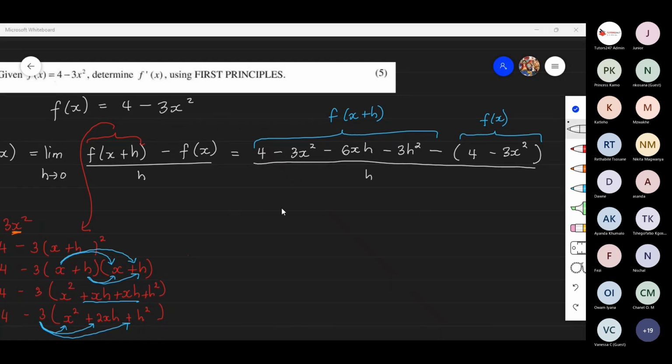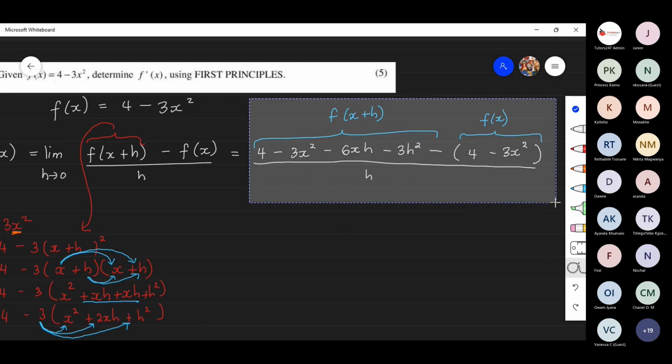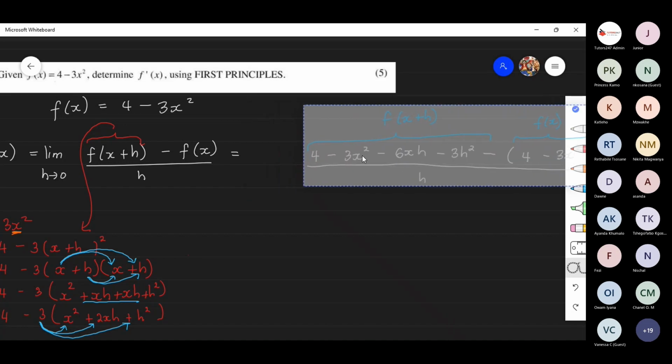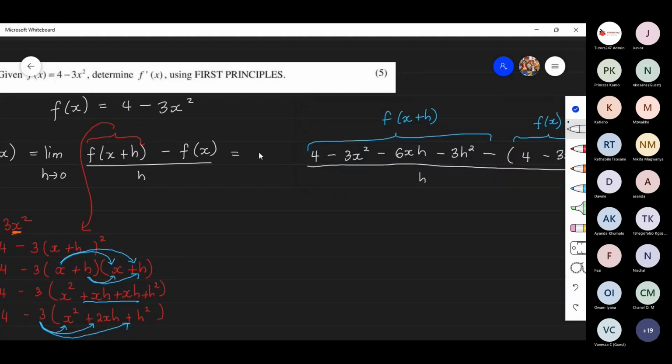Something important to take note of that I actually forgot to put in is that we always repeat the limit part. Just give me a moment to put that in. Okay, so always repeat the limit as h approaches 0 until you substitute 0.